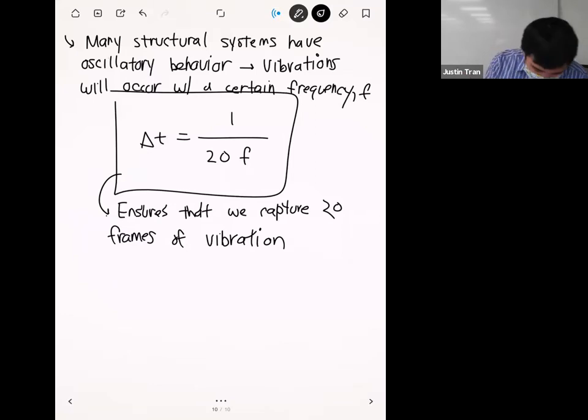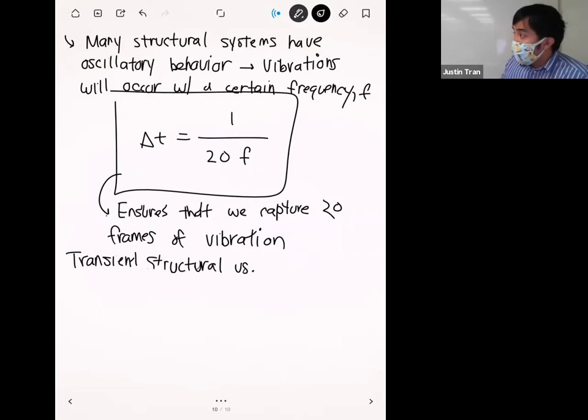Okay. And so in ANSYS, you'll notice that there's a technique called transient structural. And the other one, which is what we're going to be using on Wednesday, is called explicit dynamics.